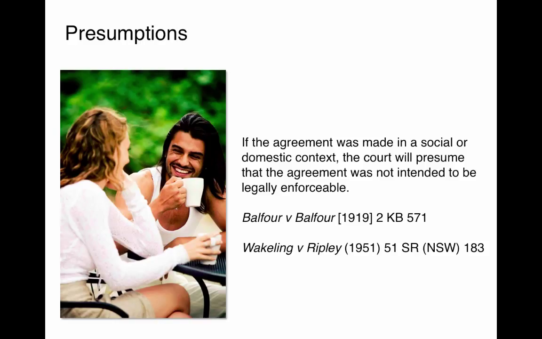Now, the presumption, of course, is that since this is an agreement between a brother and a sister, it was made in a domestic context and therefore was not intended to be legally enforceable, but the sister was able to persuade the court that since in order to move in with her brother and look after him, she had to actually move from the UK to Australia at some considerable cost, an objective observer would have thought that that arrangement, given the cost involved, would have been intended by the parties to be legally enforceable. So the court decided in Wakeling and Ripley that there was a contract between the brother and the sister.